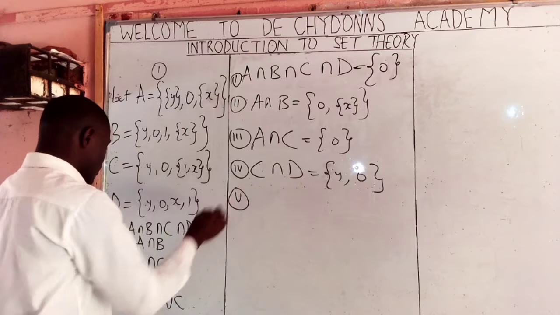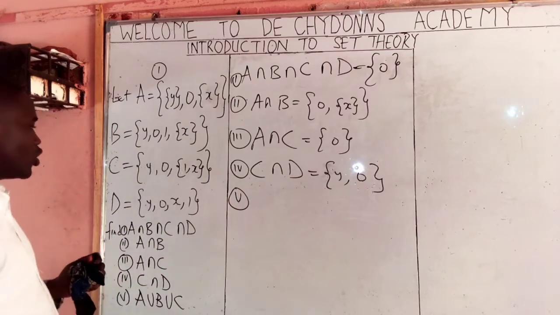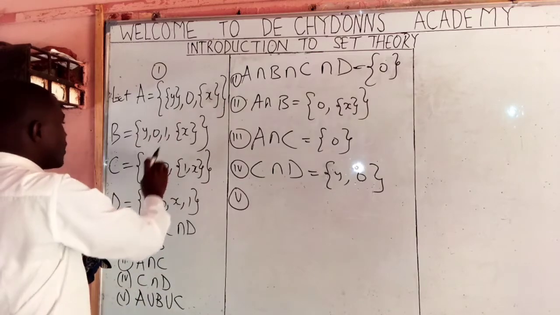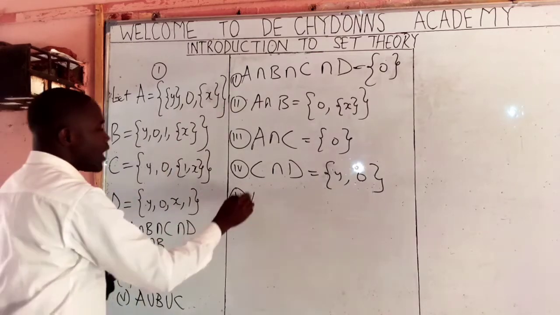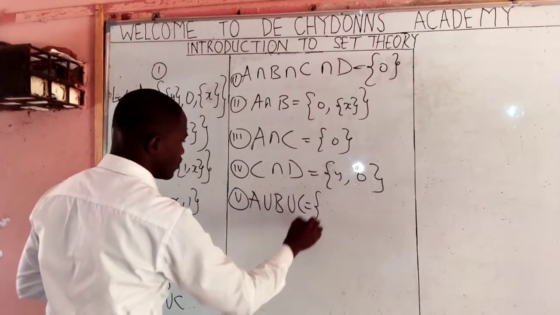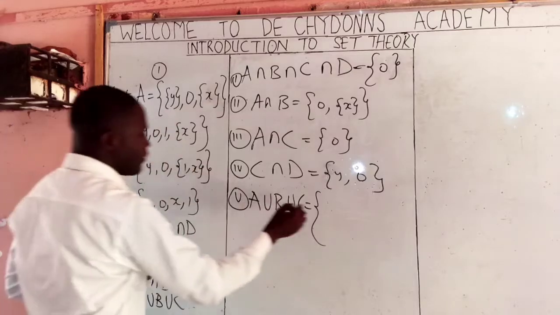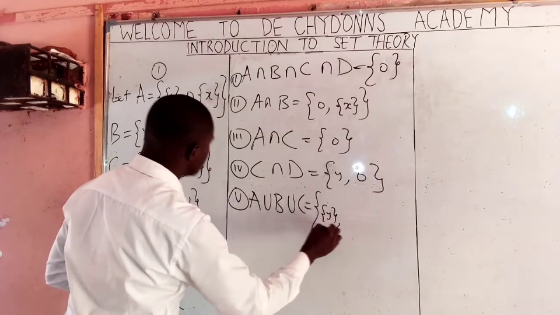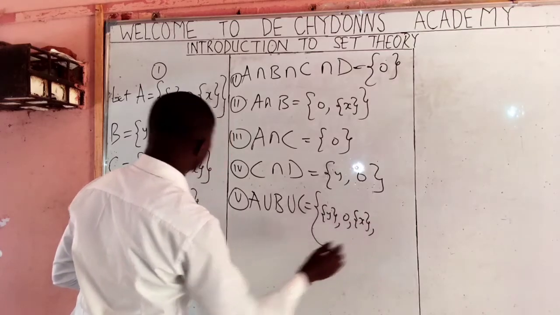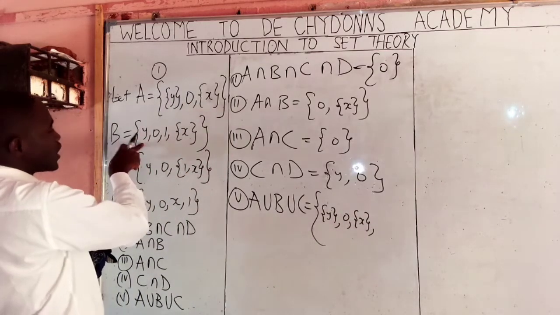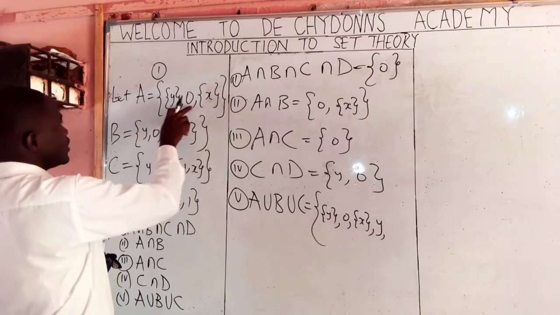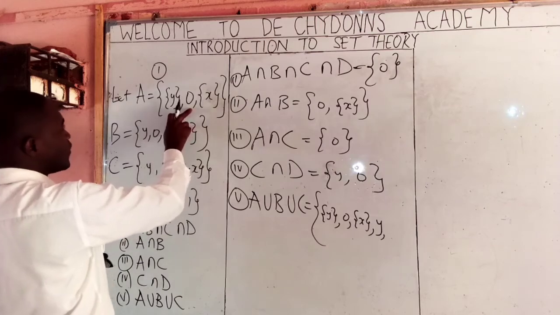Then the last one, A union B union C. It means that you have to combine the elements together. Now, what do we have in A? You write Y, 0, X. Now, this Y is not in curly bracket, so you write it Y. This 0 is like the 0 in A, so you don't repeat it.